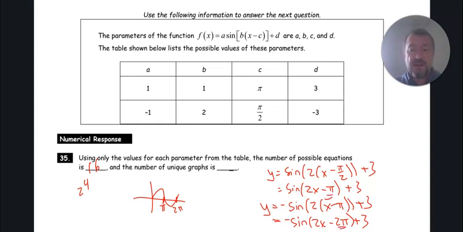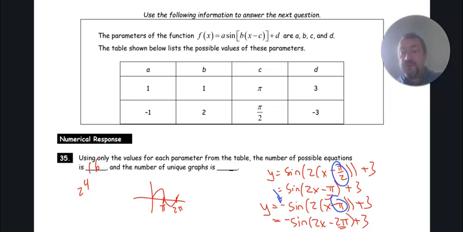Granted, there's been a horizontal stretch, but the difference between those periods when you multiply them out, or even if you just look at them from the original there to there, is a half period difference, and then we introduce a reflection. So we shift it over a half period and then reflect it. Well, that's going to look exactly the same.